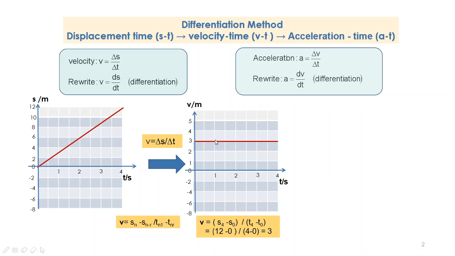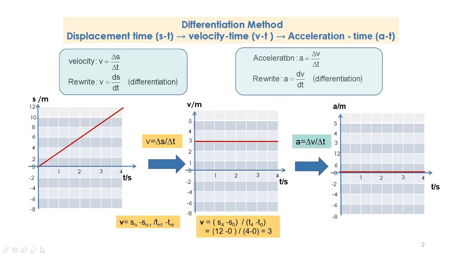For the velocity versus time graph, how do we obtain the acceleration versus time graph? As we know, a is equal to delta v divided by delta t. Since velocity is constant from the time equal to 0 to 4 seconds, therefore the acceleration should be equal to 3 minus 3 divided by the time frame.